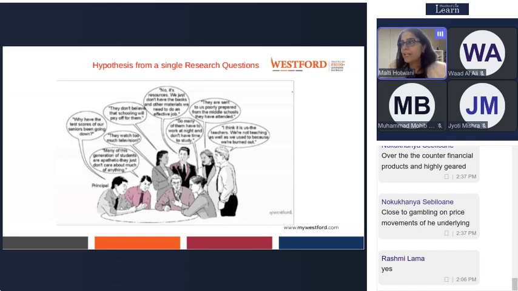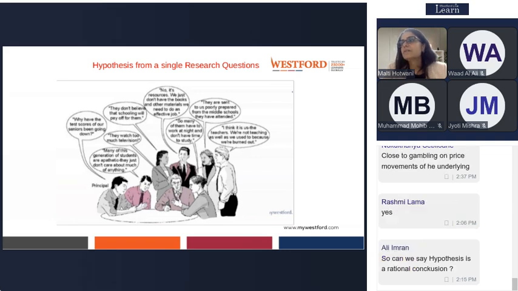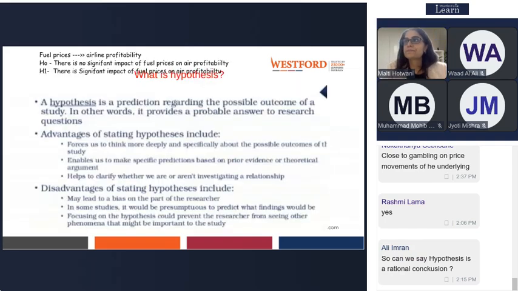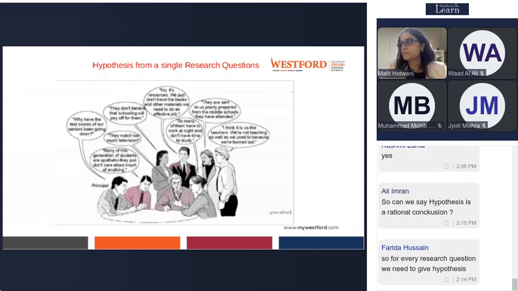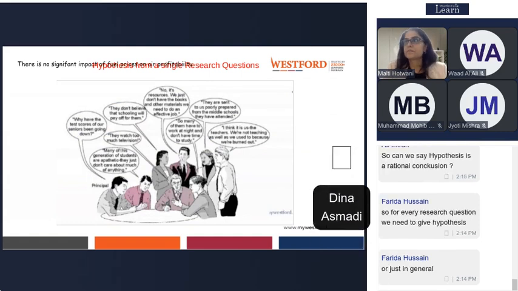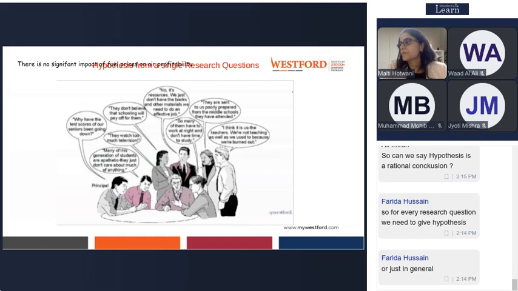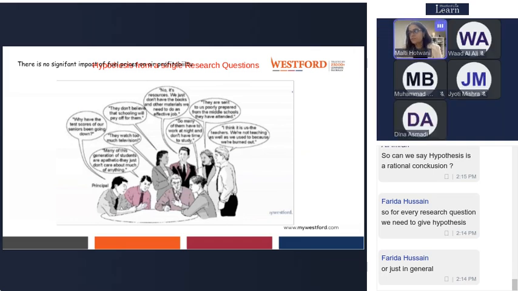Can I have any one hypothesis that you can make from all of these research questions in the chat box? I will keep the example here. No, Farida, for each research question, we need to have a specific hypothesis.